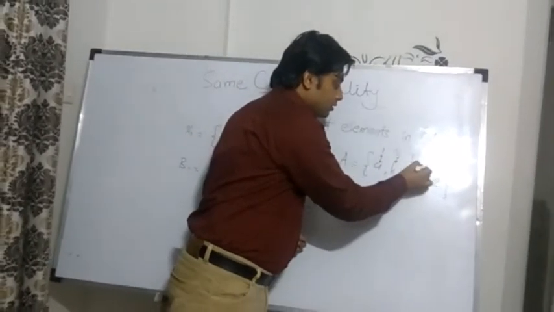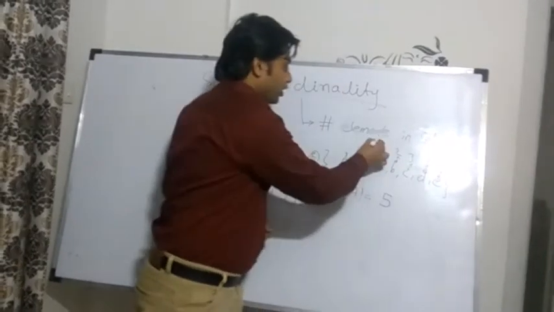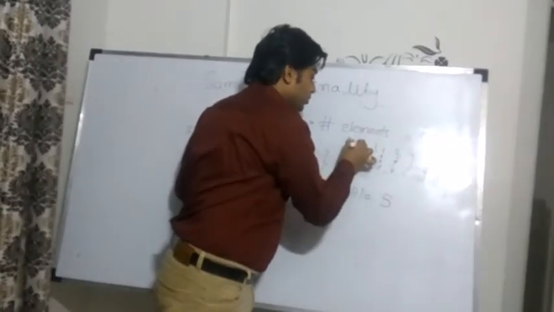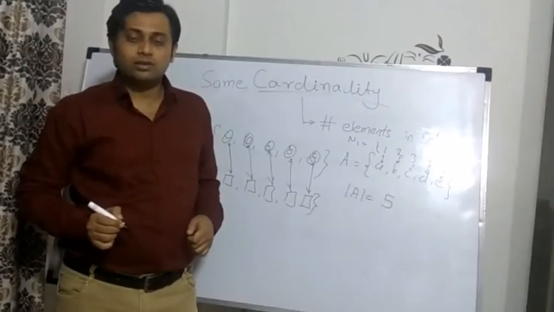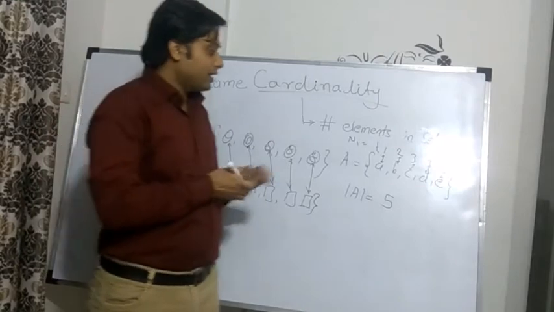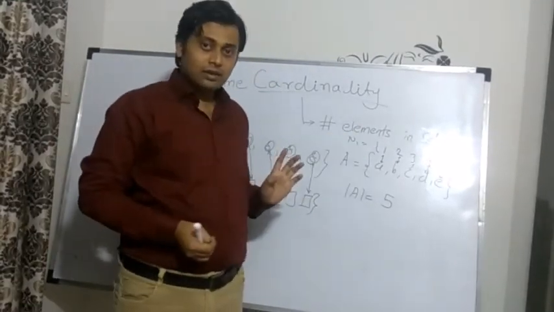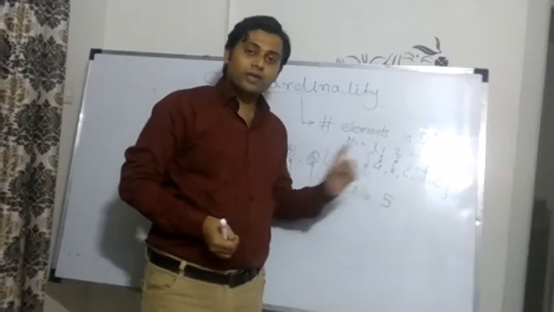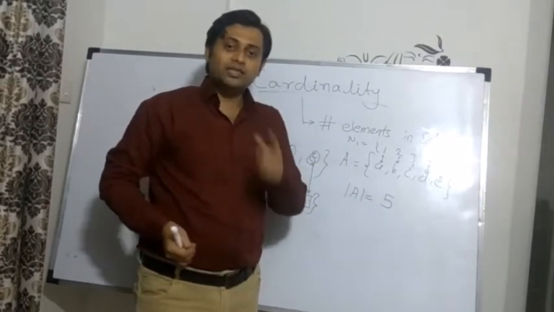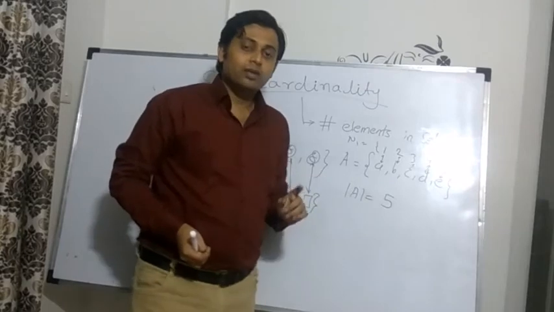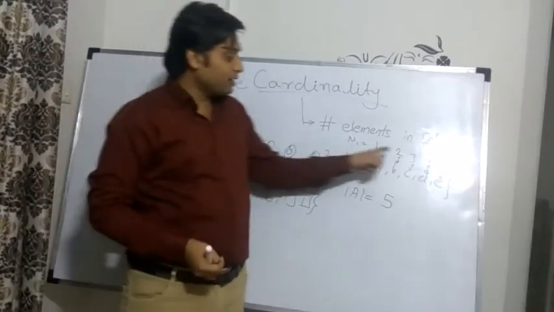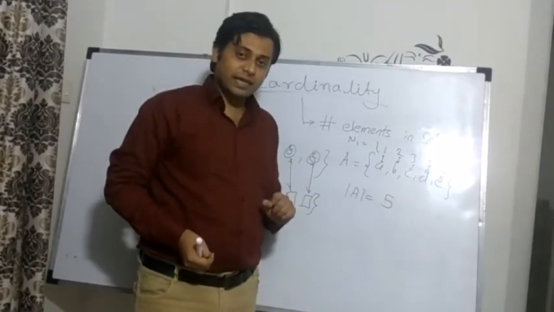I will call this set N1. It is some subset of natural numbers. So I have used a subset of N to count the number of elements in A. So what is the process of counting? The process of counting is actually finding a mapping of this kind.